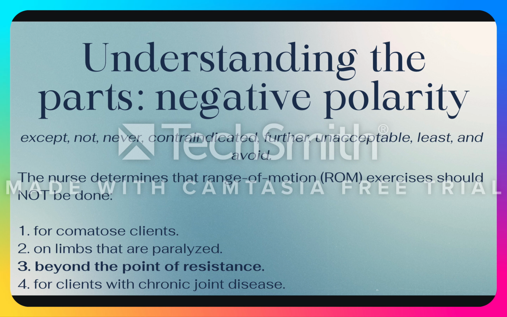Those words, when you see them in a sentence, are going to be capitalized, all caps, bolded, underlined, italics, something to let you know that we're looking for the thing that should not be done, or all of these should be done except, or you should never, or this is contraindicated. So when you read these choices, that means all of the other choices are likely correct, and the one I'm looking for is the wrong one.